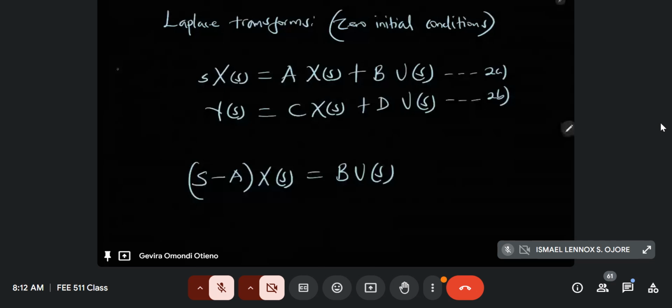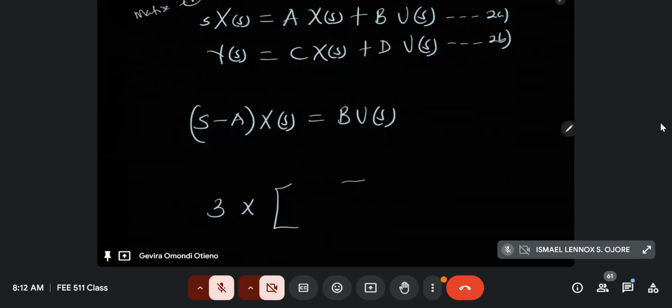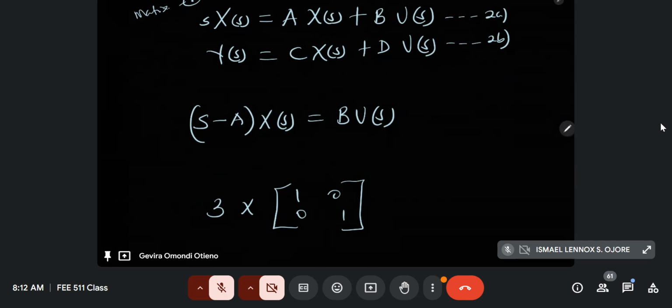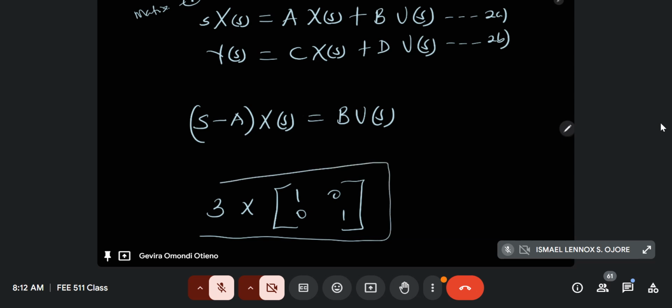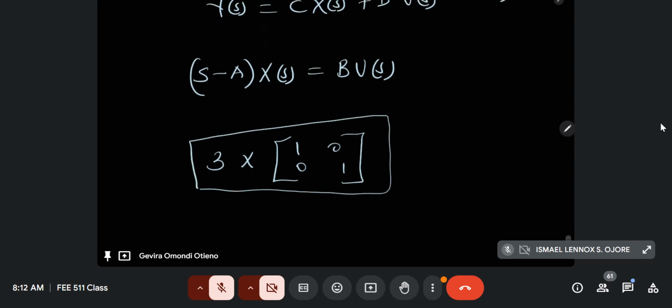We can't say, ladies and gentlemen, that you have 3 times the matrix 1, 0, 0, 1. We cannot do a manipulation of this. To do this manipulation properly, you have to make this into a matrix. The only way to make it into a matrix is to multiply it by an identity matrix.